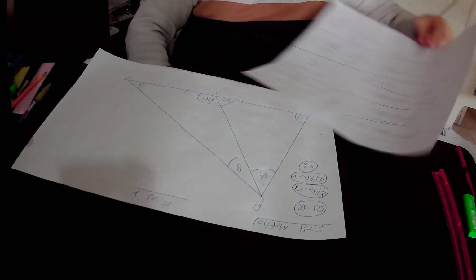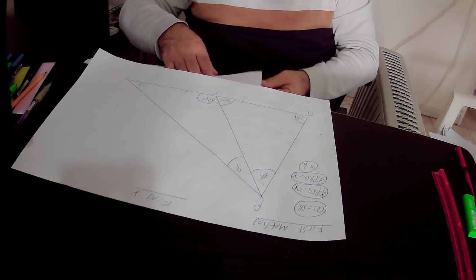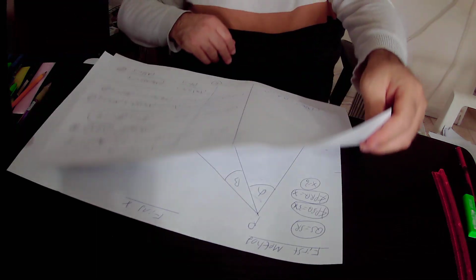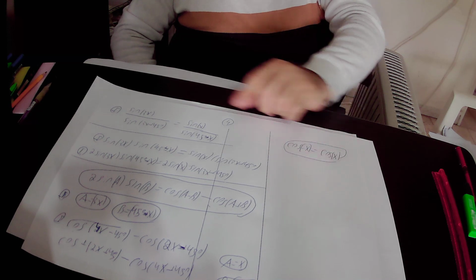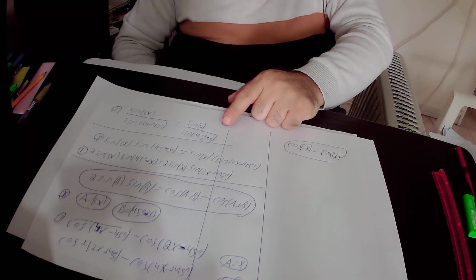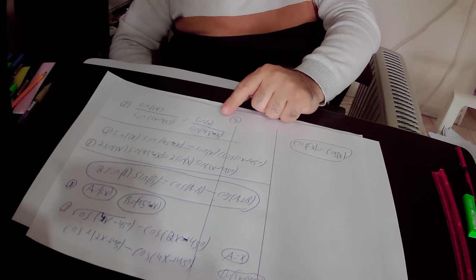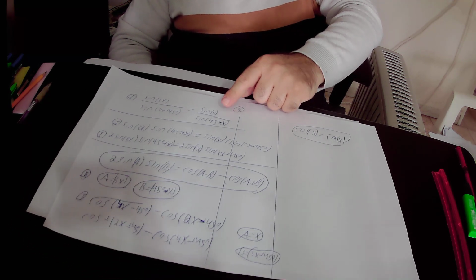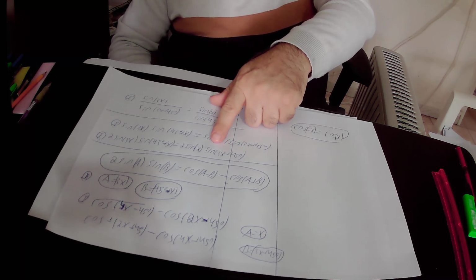We did it, and we got that sine 3x over sine (3x plus 45 degrees) equals sine x over sine (45 degrees minus x). Then we cross multiplied this equation, and we got this expression. Then we multiplied this expression by 2, and we got this expression.